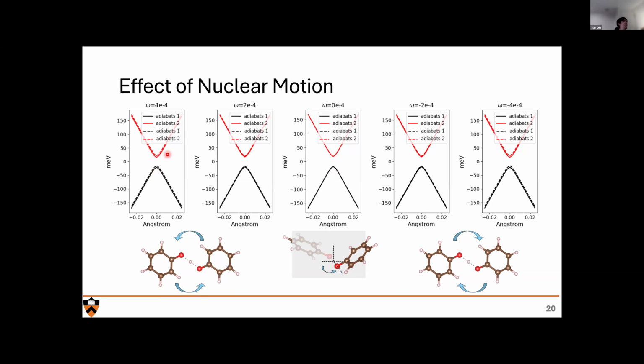So we see not just two surfaces, but actually four surfaces crossing for a system with a finite rotational velocity. The embarrassing point, though, is the energy scale, because to see a 1 meV energy gap on this surface, we actually need to inject 1 eV of rotational energy into the system, which is not quite practical.